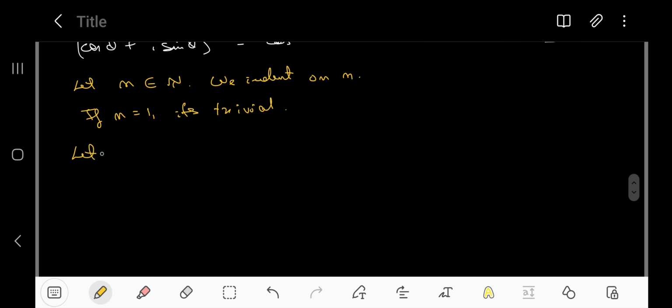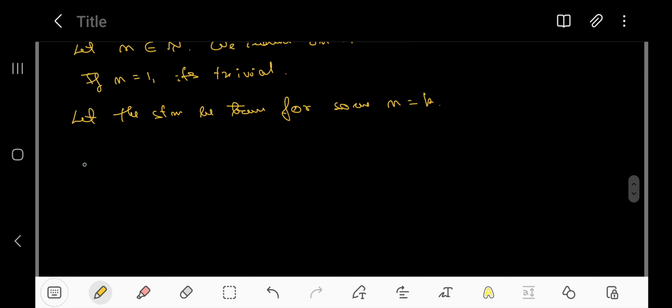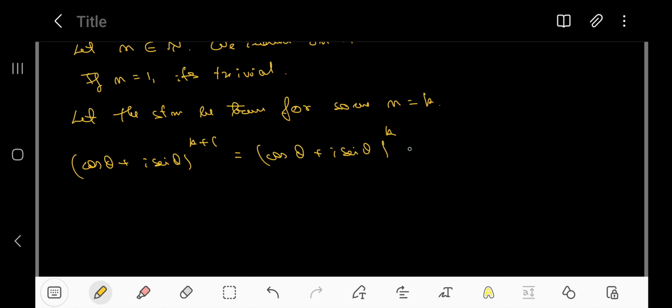So let the statement be true for some n equals k, and we prove it for n equals k plus 1. So what happens? Let's see. (cos theta plus i sin theta) to the power k plus 1 is basically (cos theta plus i sin theta) to the power k times (cos theta plus i sin theta).